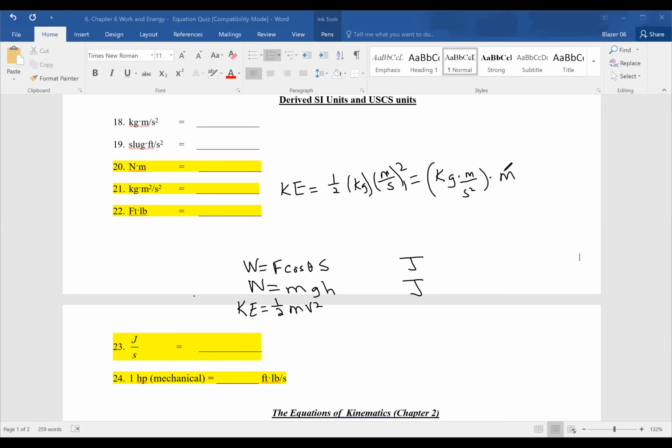If I group it like that, I can easily see that this is a Newton meter, which is a joule. So a kilogram meter square per second square is also a joule, which is my unit of energy. So therefore, the unit of work and the unit of energy is the joule.